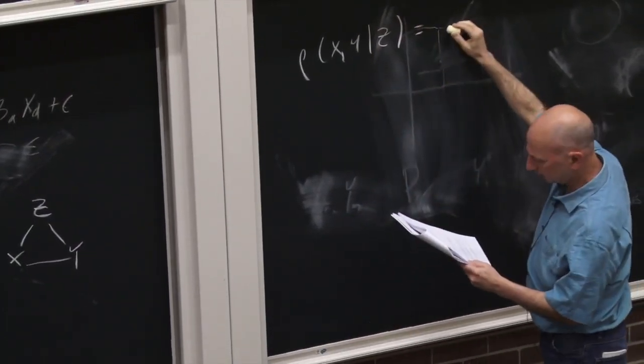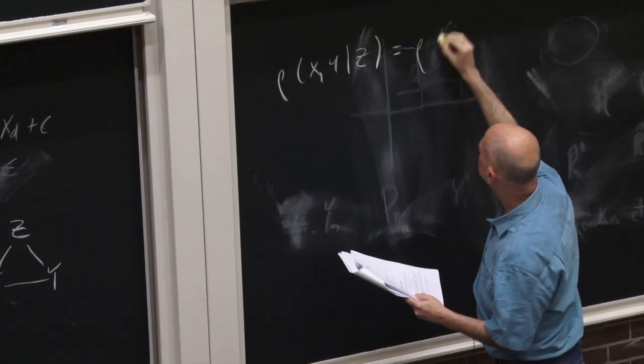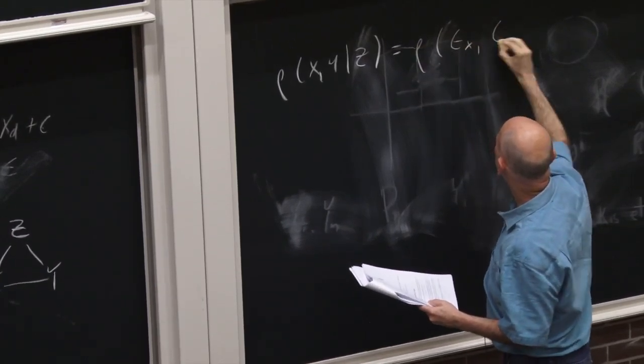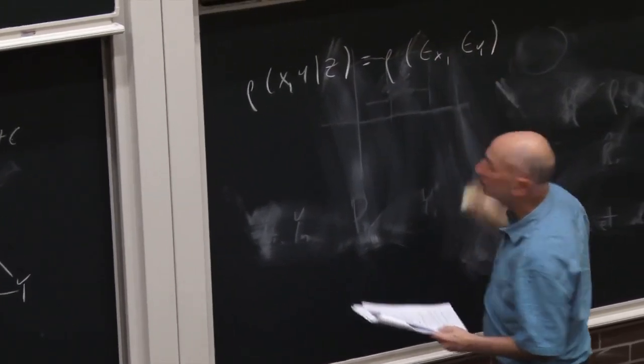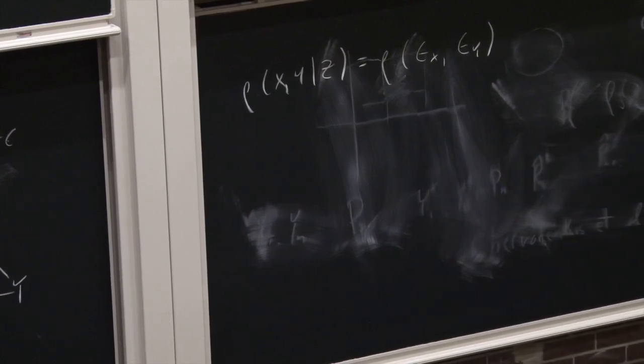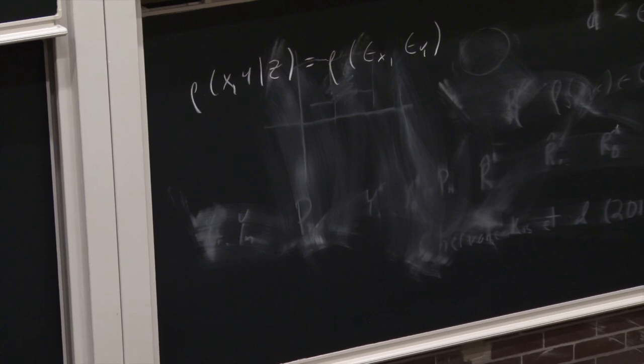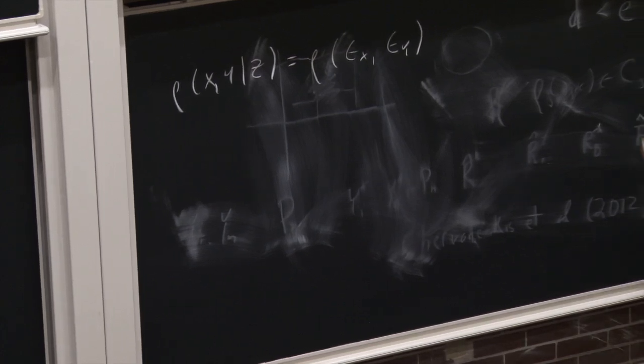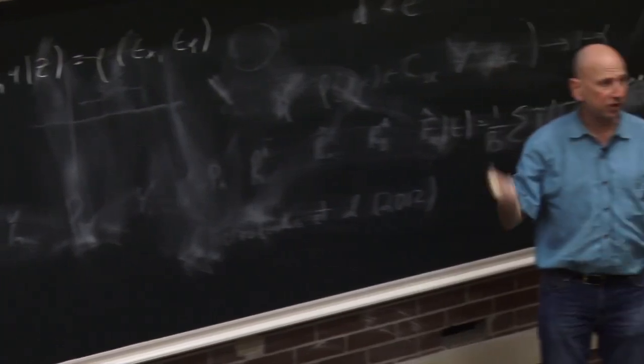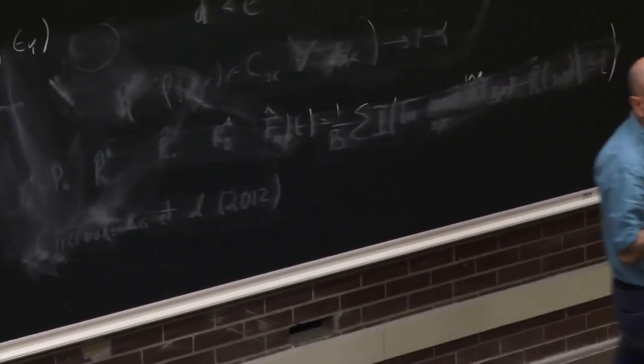So the partial correlation is defined to be just the ordinary correlation between these projections, between these residuals after projection. Of course, we're really going to do this in the graph for d variables, and we're going to compute the partial correlation for every pair of variables.